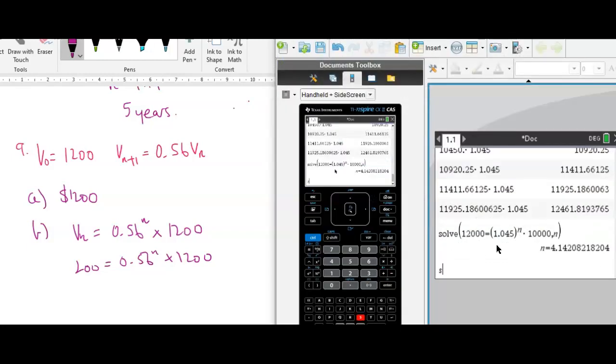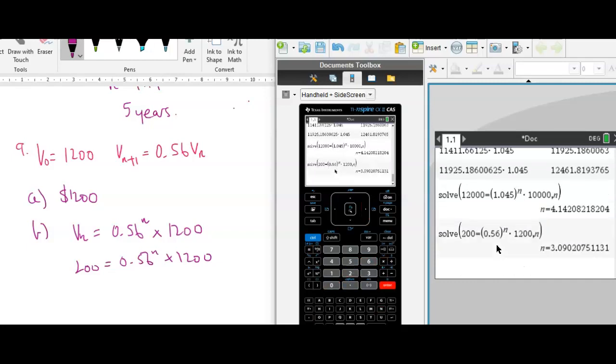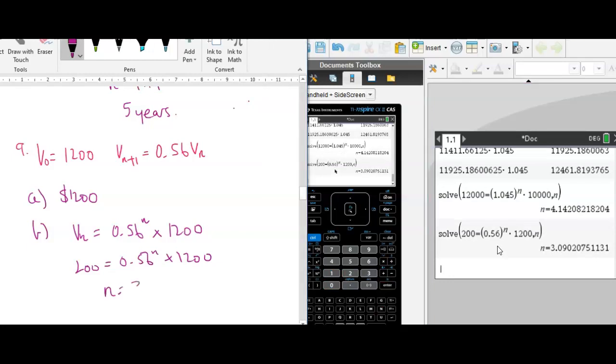So I'm going to do solve first. 200 equals 0.56 to the power of n times 1,200, comma n. So n equals 3.09. It's not quite below 200, so we have to round to 4 years.